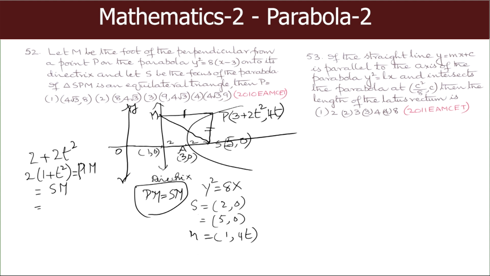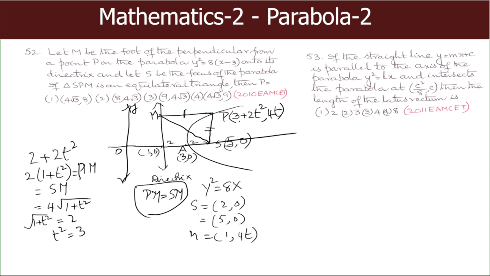What is SM? S is (5, 0), M is (1, 4t), so 16 plus 16t². So, 4 into root of (1 plus t²). So, therefore, 2 into (1 plus t²) equal to 4 into root of (1 plus t²). Cancel 2 on both sides. Root of (1 plus t²) equal to 2. 1 plus t² is 4, t² equal to 3.